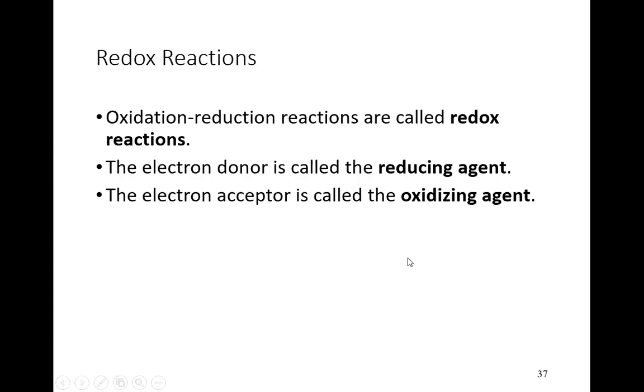We call these redox reactions. And just to confuse everybody, the donor, the atom that gives up the electron, is called the reducing agent, and the electron acceptor is called the oxidizing agent.